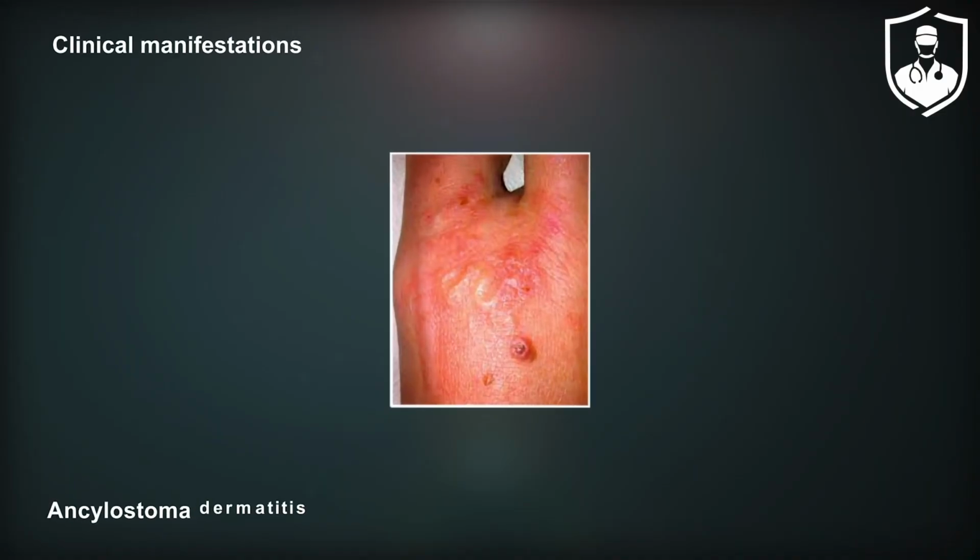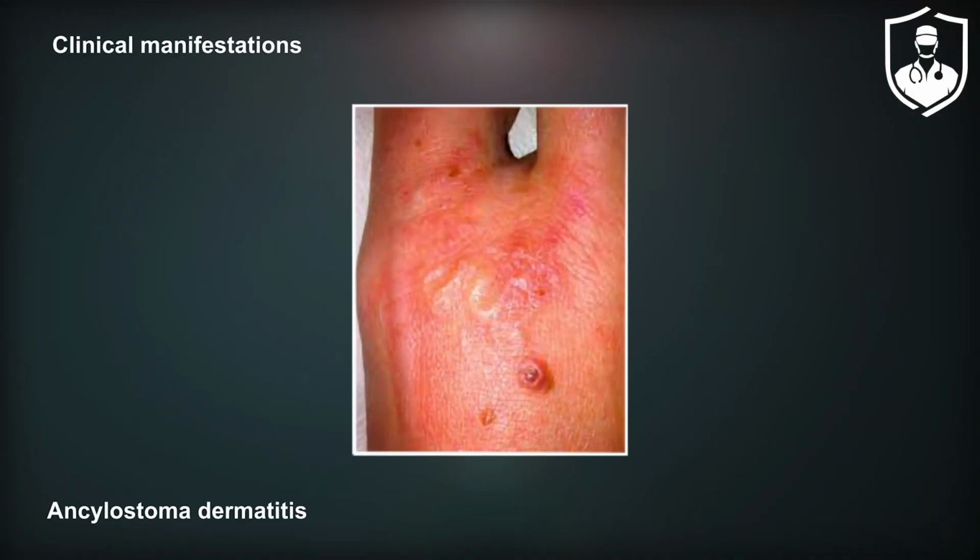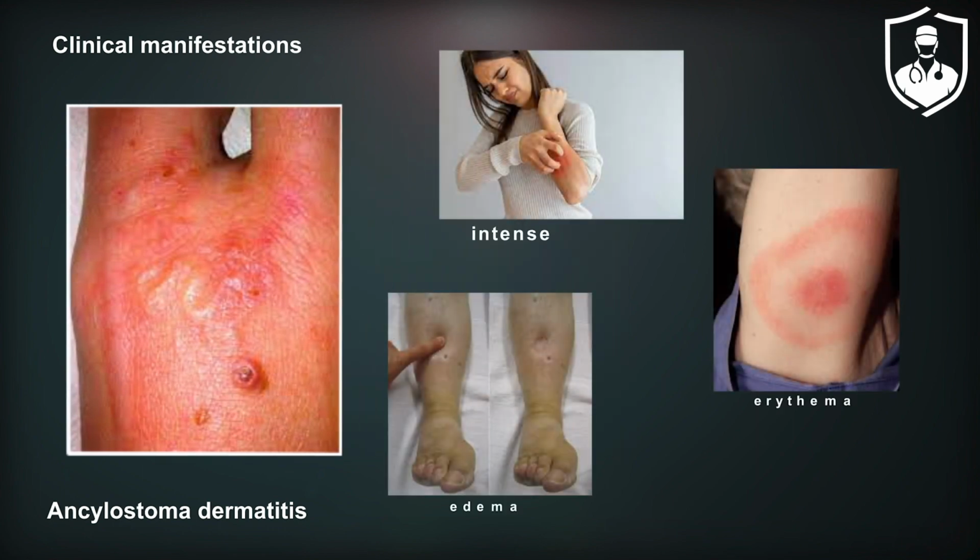Clinical manifestations. Ancylostoma dermatitis or ground itch. This occurs at the site where the falciform larva penetrates the outer skin. It causes intense itching, which may be followed by edema and erythema.